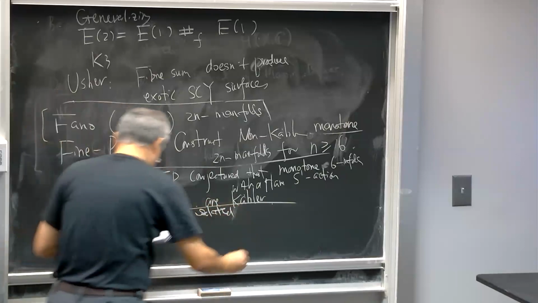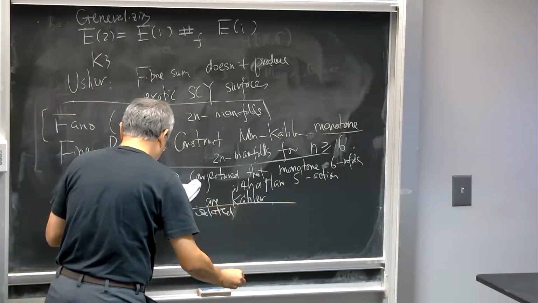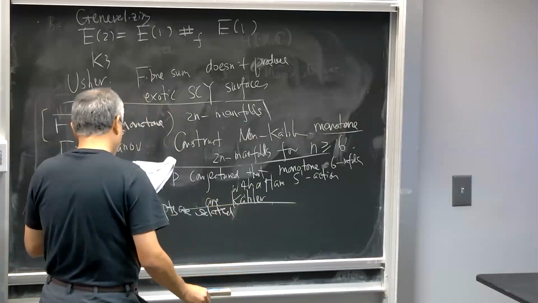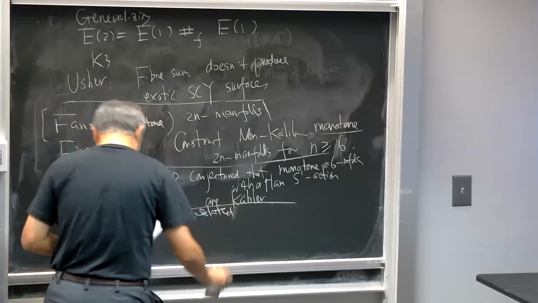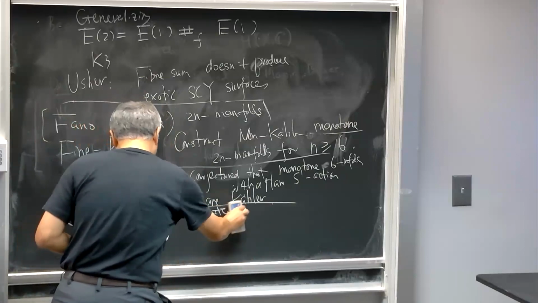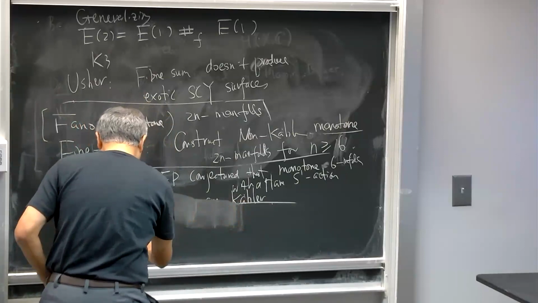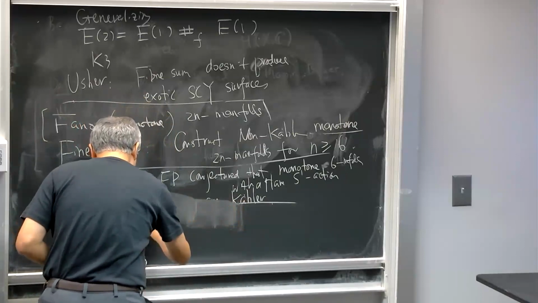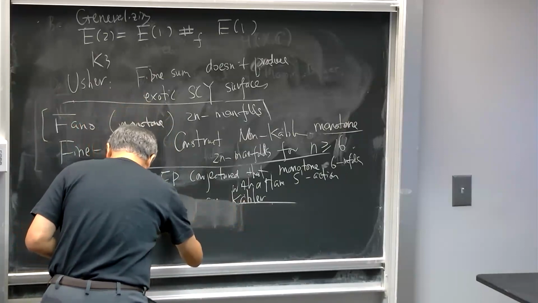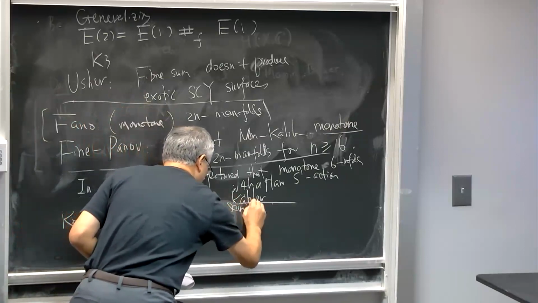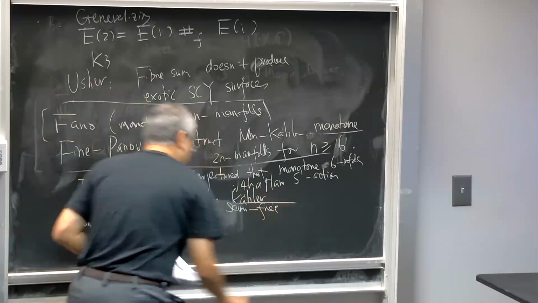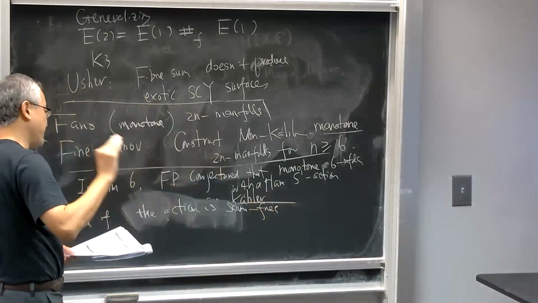So this is due to... no. So maybe I mix up the definitions. Okay, so if the action is semi-free, that means away from the fixed point, the action is free.